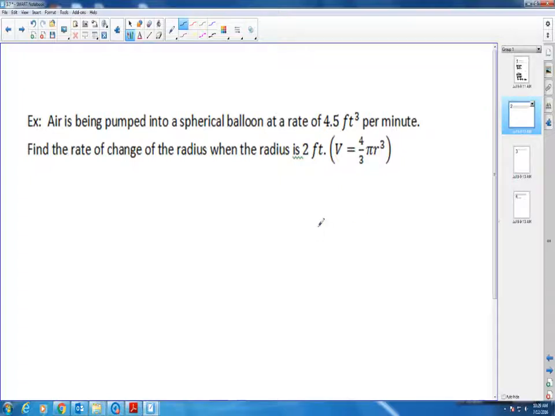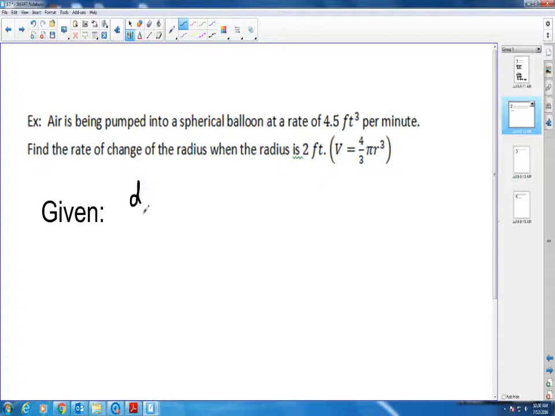Alright, so let's think about what they're really giving me. The given here is 4.5 cubic feet per minute. The air is pumped into the balloon, so that has to be referring to the volume.